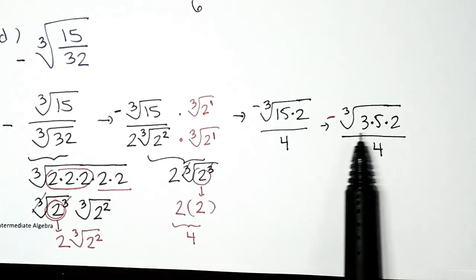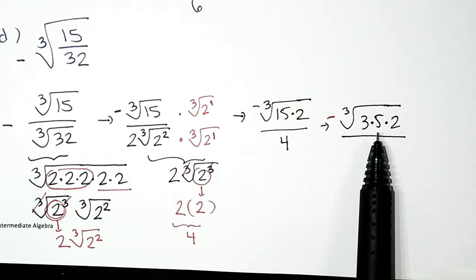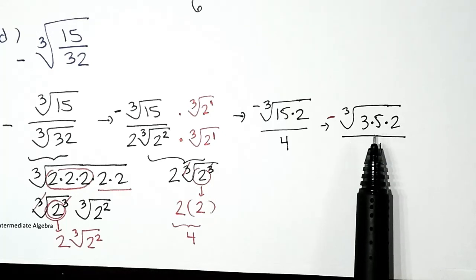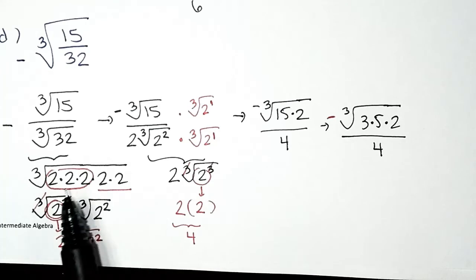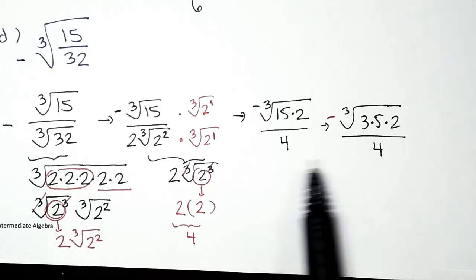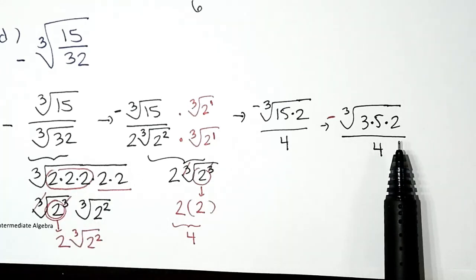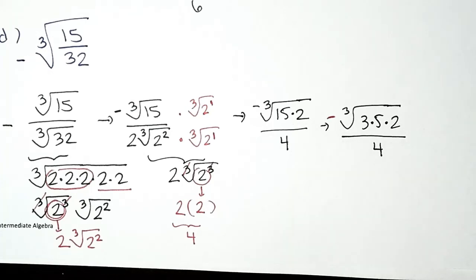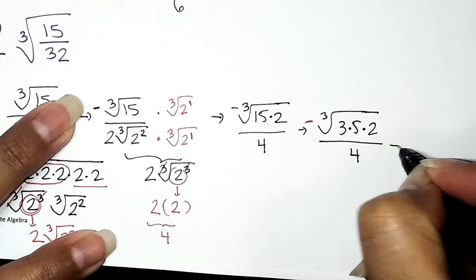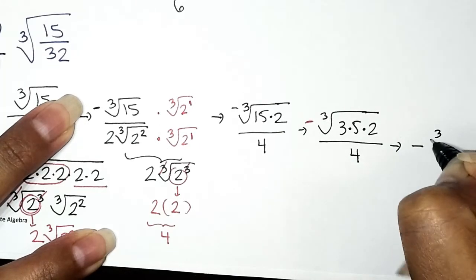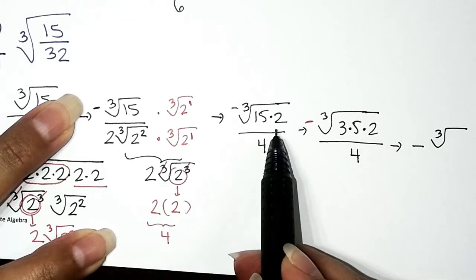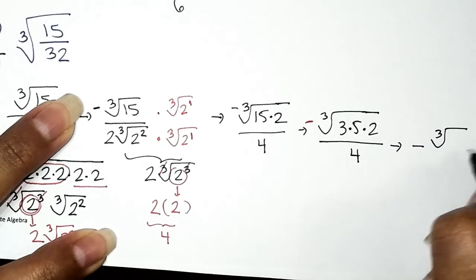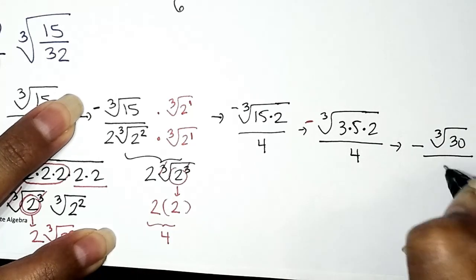So if we were able to simplify, we would have to be able to make a group of 3 where everyone is wearing the same suit, but we can't make a single group of 3. So that means that the cube root of 30 would have been simplified already. Okay, so that gives us negative cube root of 15 times 2, or 3 times 5 times 2 will give us 30, and that's all over 4.